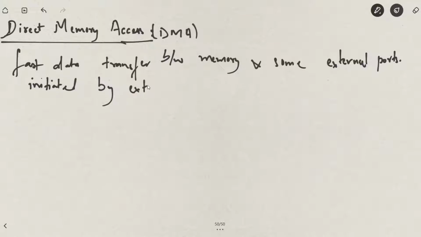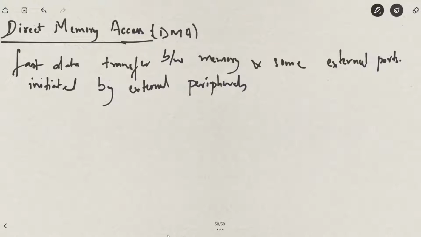Just like interrupts, the external device, the external peripherals, are responsible for initiation of the data transfer. It is used where the microprocessor-controlled data transfer is slow.